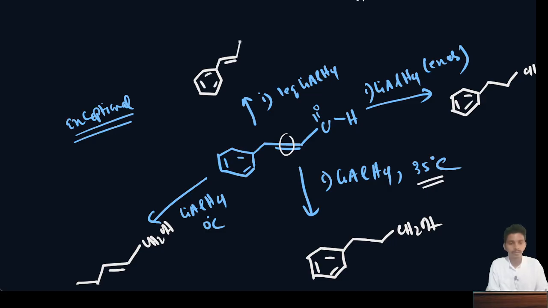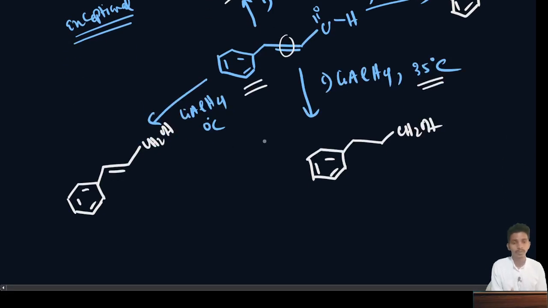Here, CH2OH. So you understand that if lithium aluminum hydride is in excess, or if it is a high temperature, in that case the double bond is reduced if it is conjugated. It has to be conjugated.